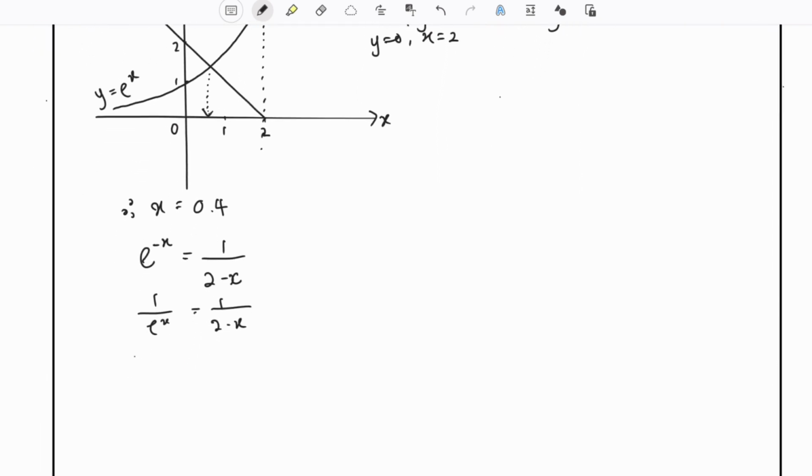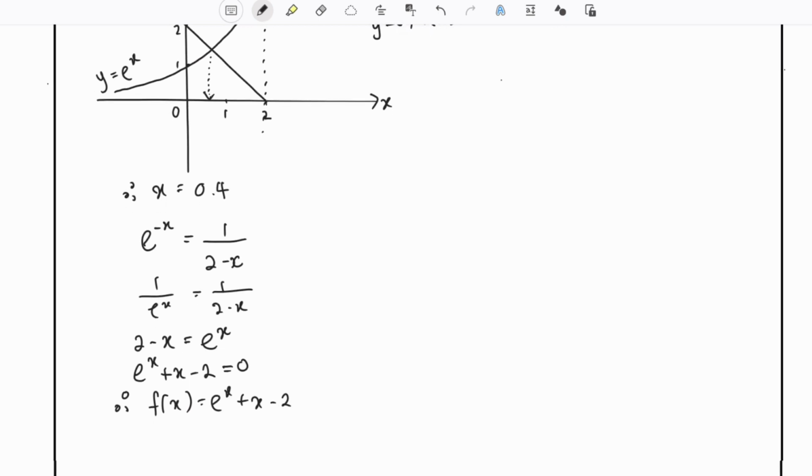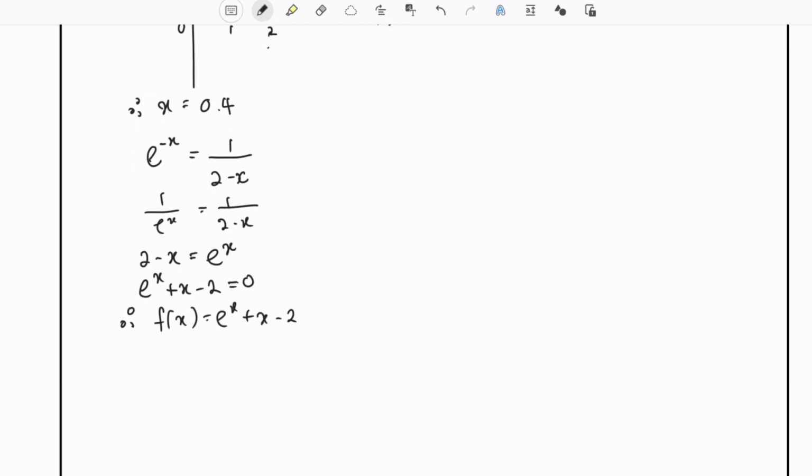So cross multiply, 2 minus x equal to e to the x. So e to the x plus x minus 2 equal to 0. Hence, your f(x) is e to the x plus x minus 2. So for the Newton-Raphson method, we need to get the f prime x. So e to the x plus 1.